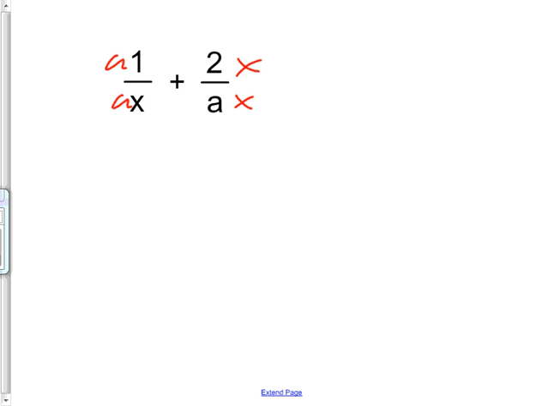Now I got ax as the bottom. And on the top, I just add the tops. A plus 2x. Raise your hand if you had that one right. Okay, good. Now, if that same exact thing had been a cosine instead of an x, or a cosecant instead of an a, same exact thing would have happened.